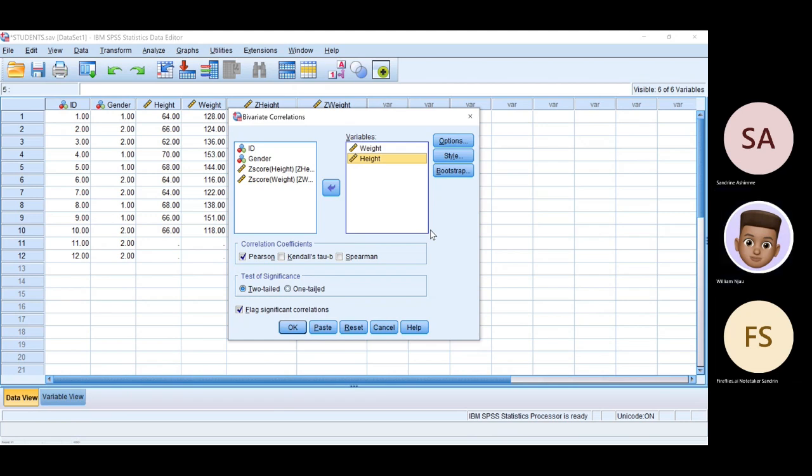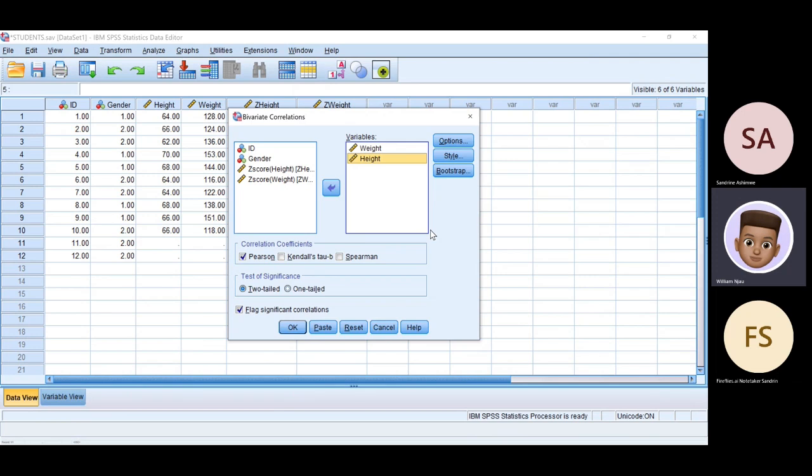You can see the first check mark there is on Pearson. I remember I told you there are different kinds. You can see there are different ones like Kendall's and Spearman. Below that it's saying test of significance, two-tailed and one-tailed.